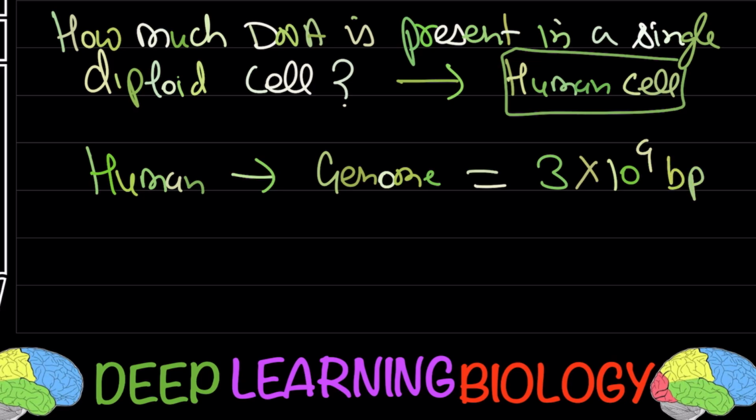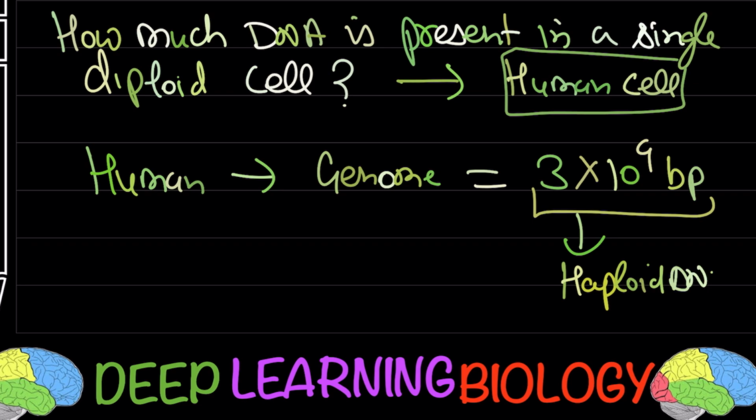So the total DNA content present within the human cell is 3 billion letters. But here I just want to clarify, this is haploid DNA content.